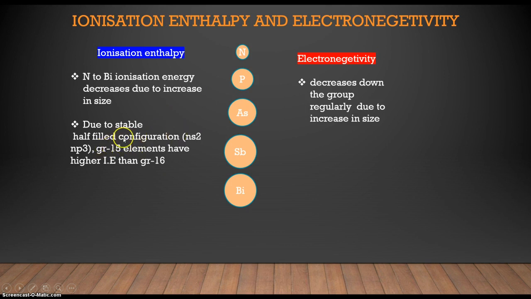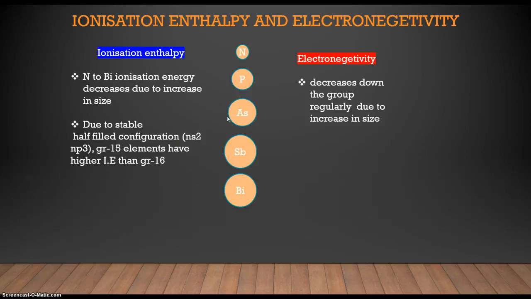So group 15 elements should exhibit less ionization enthalpy than group 16 elements, but actually group 15 elements exhibit a higher ionization enthalpy than group 16. So what is the reason behind it? The reason is very simple. As we have discussed in the earlier topics, group 15 elements have the electronic configuration ns2 np3, which is a half-filled shell configuration.